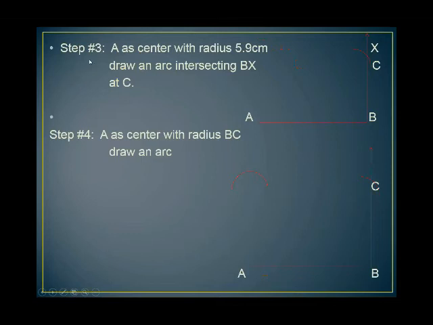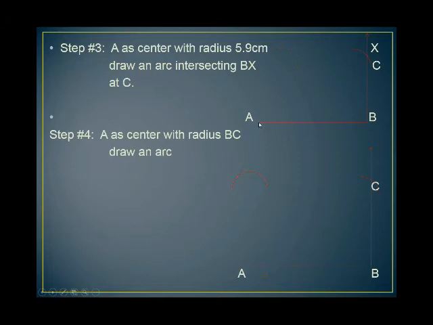Now in step 3, A as a center with radius 5.9 centimeter, draw an arc intersecting BX at C. Why do we take A as a center? Because they have given us a diagonal. We don't have a measurement of BC. We have a measurement of a diagonal.